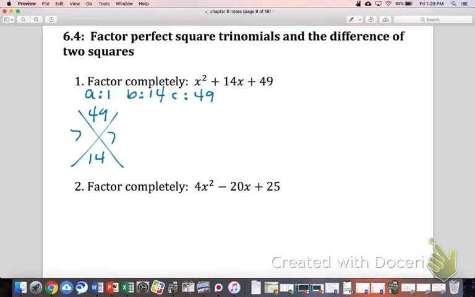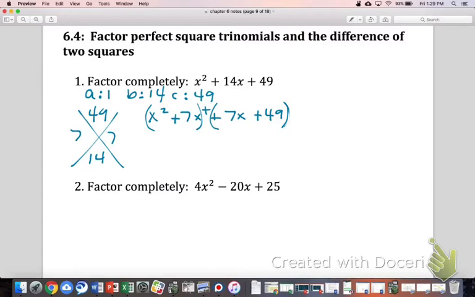So we can use the 7 and the 7 to help us factor. I'm going to split the b here: X squared plus 7x plus 7x plus 14. And I'm going to group. Plus 14, or 49, sorry. Thank you, that was just a typo. 49. Thank you, Sarah.